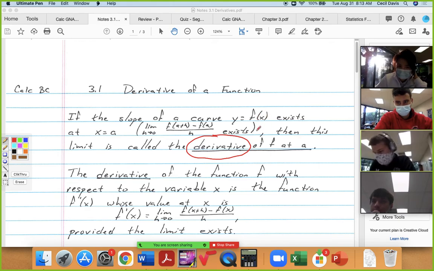So here we're finding the derivative at a point. Here we're finding the derivative, f prime of x, more generally. We're finding a formula for the derivative.